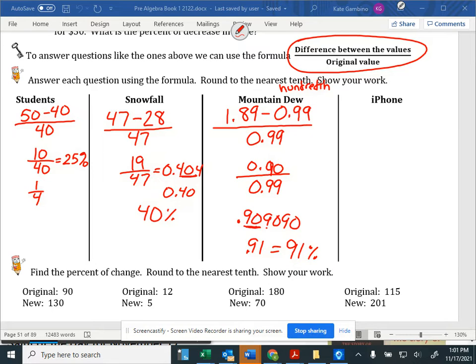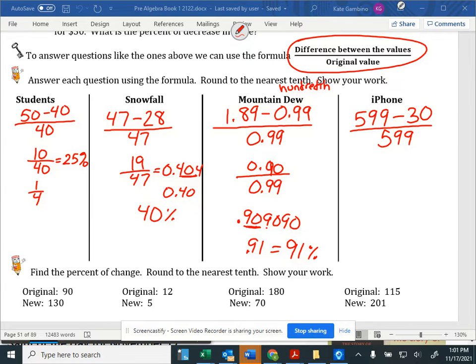All right, the last one, the iPhone. 599 minus 30. But do you really want to spend $30 on an iPhone from 2007? I'm sure it's not going to work because technology has changed multiple times since then. So our original price was $599.